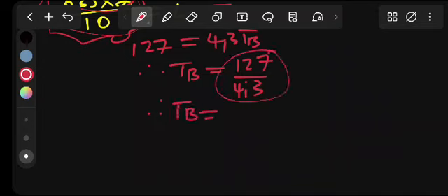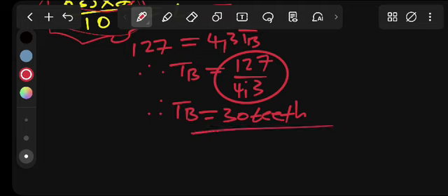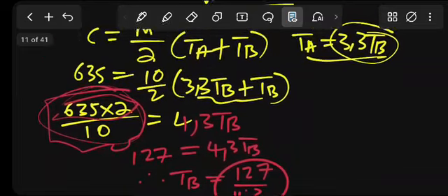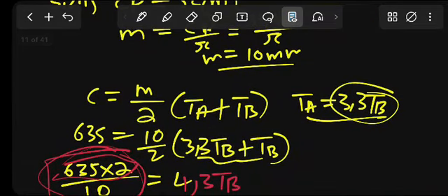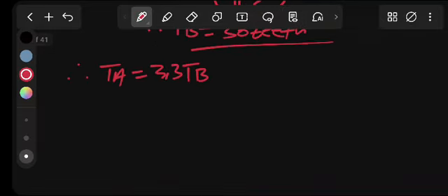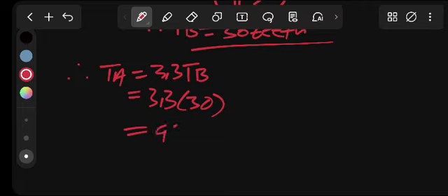Punching this in, we have 30 teeth for TP. We still want TA; we said TA is 3.3 TP from the equation we have here. Substituting the 30 teeth and multiplying, we'll have 99 teeth.